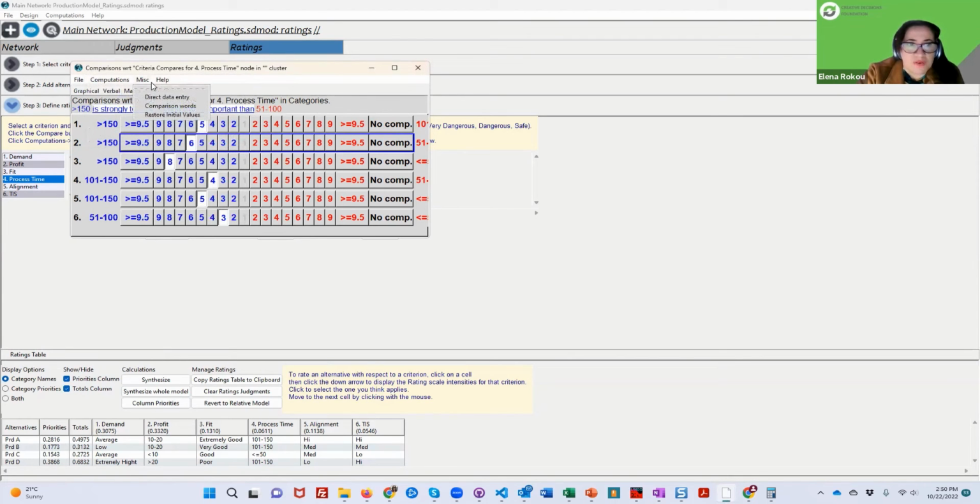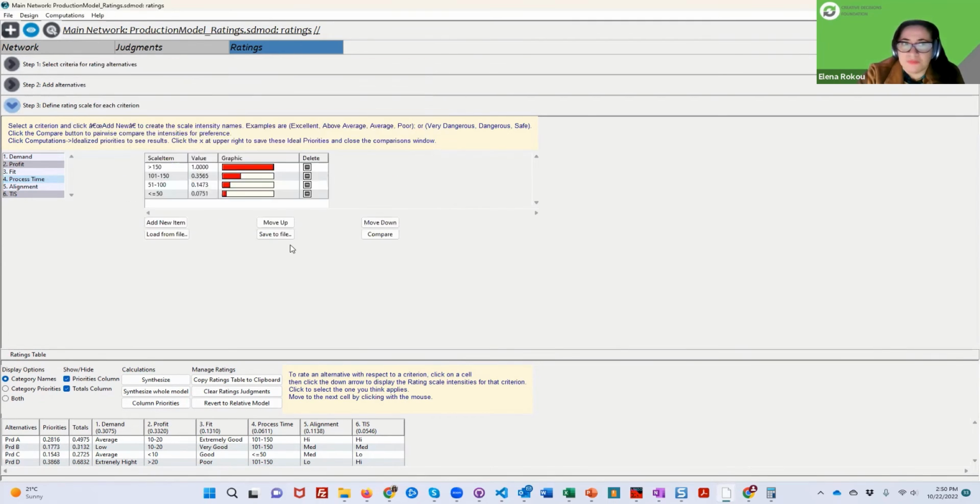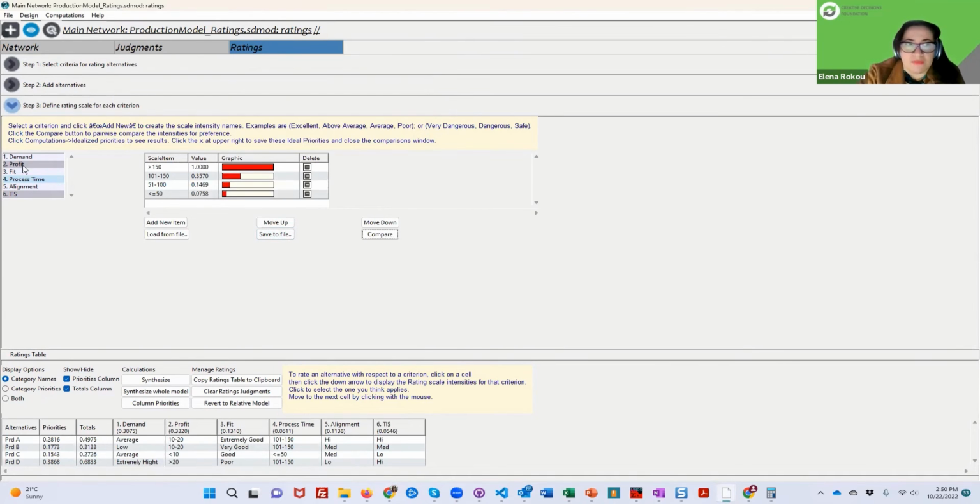Now, this is one of the sets of priorities that you would like to see inverted. See? Because the more time you are in the processing state, the worse it is for the factory.